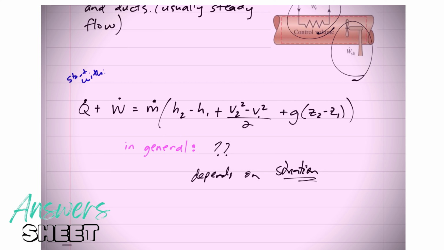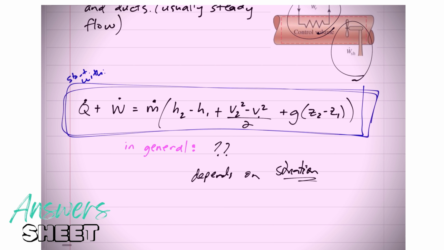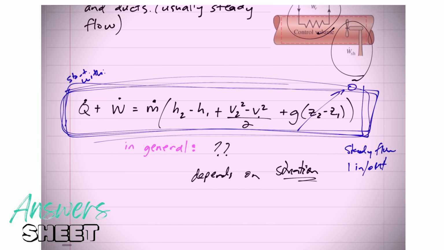And so my advice for you is to take this equation right here and start with this equation for a steady flow, one inlet, one outlet. Start with this one, and if they don't mention the change in height, it's zero.